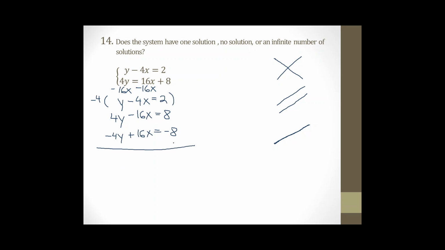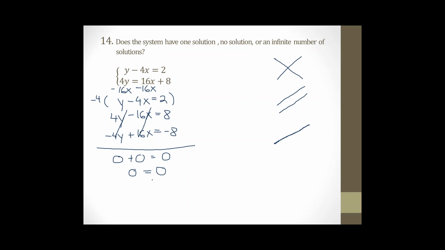Now I can just add these two equations. 4y minus 4y cancels out, which is 0. -16x plus 16x also cancels out, which is 0. And then 8 minus 8 is also 0. So now I have 0 equals 0.